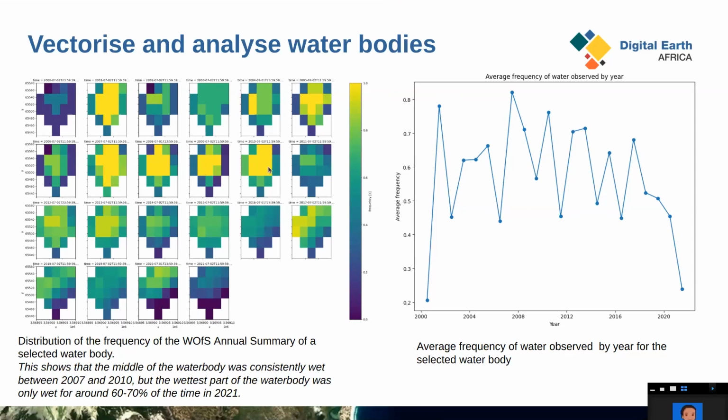But it was only classified as water in the annual summary between 60 to 70% of the time in 2021.